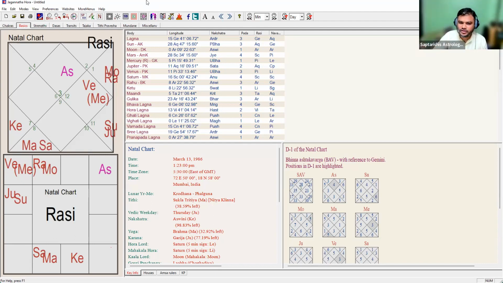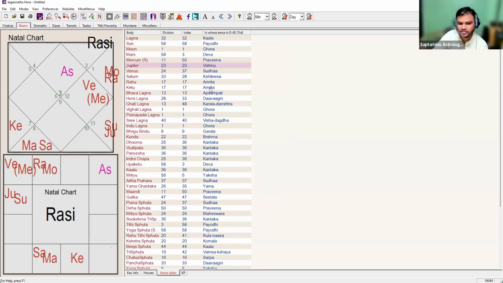That's why here I am very clear, so I am not confusing you all by taking the D60 chart. That's why I am ignoring the chart. I am only picking this Amsha. Play with Amsha only. You will be safe. Once you include the whole D60 chart, then we can do anything.